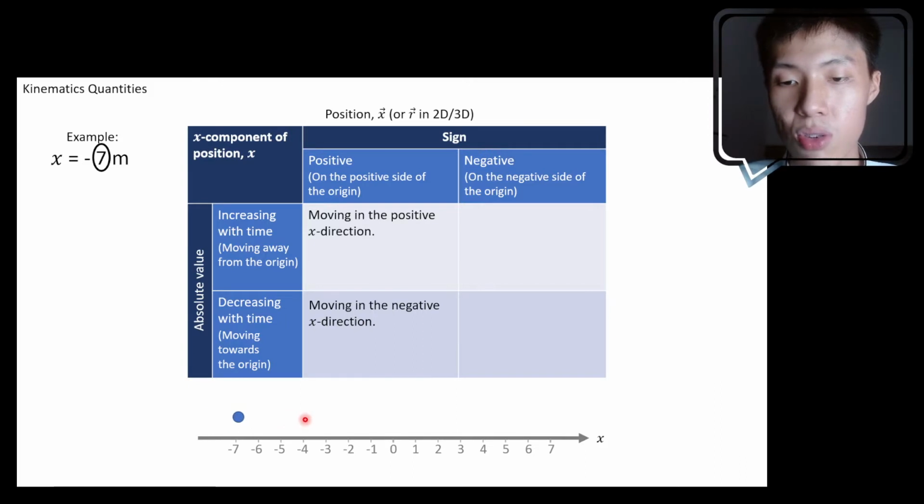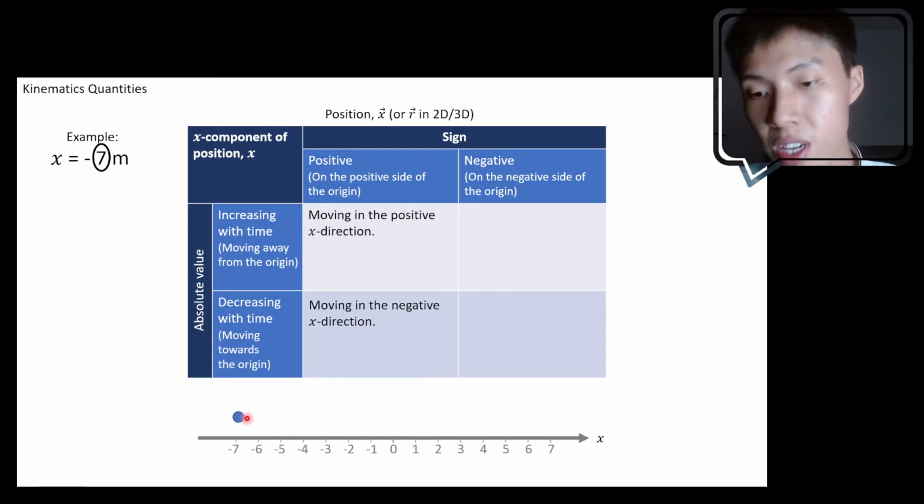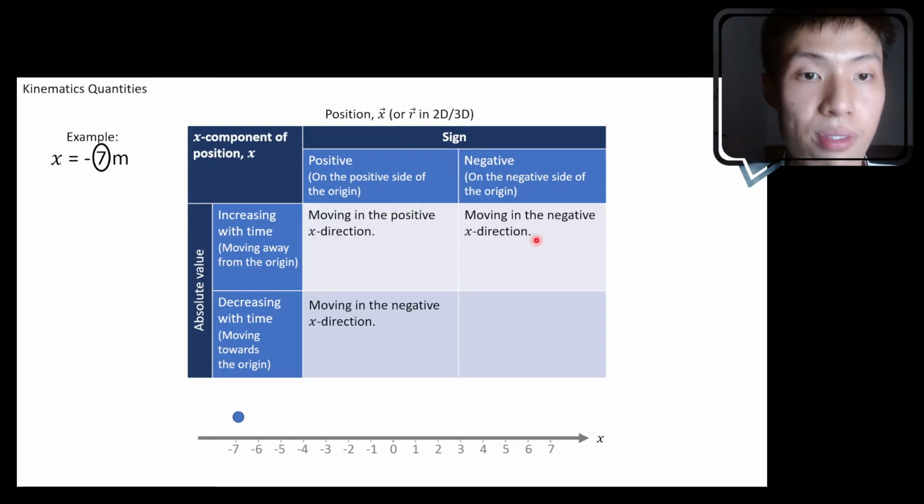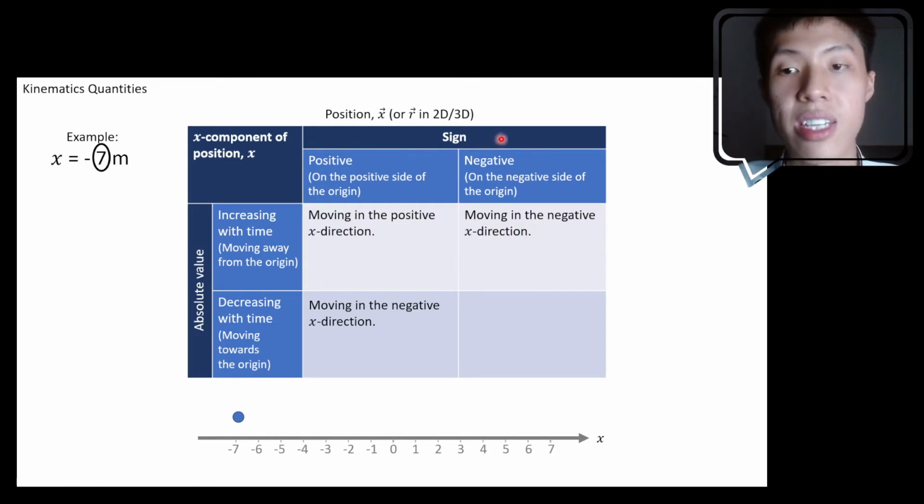Increasing. So if it's negative but the absolute value is increasing with time, you can see that the object is moving to the left. The left in our axis here is the negative x direction. So if you see negative and increasing with time, you know that it's moving in the negative x direction.